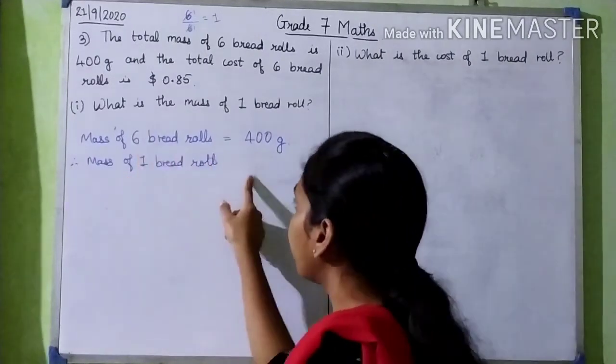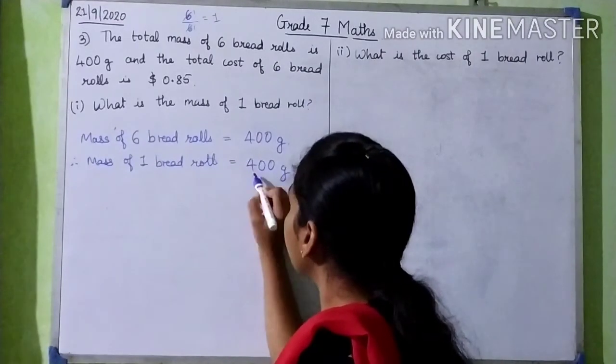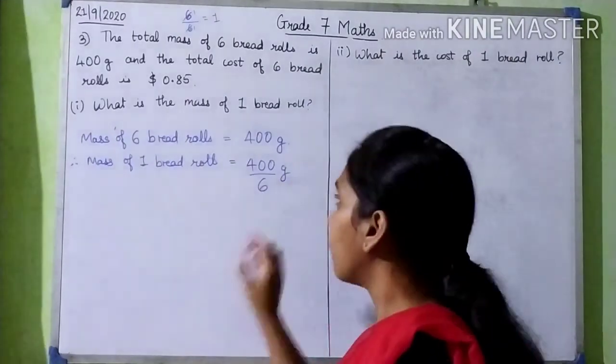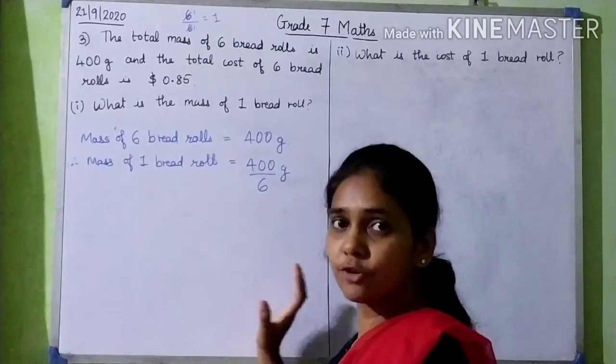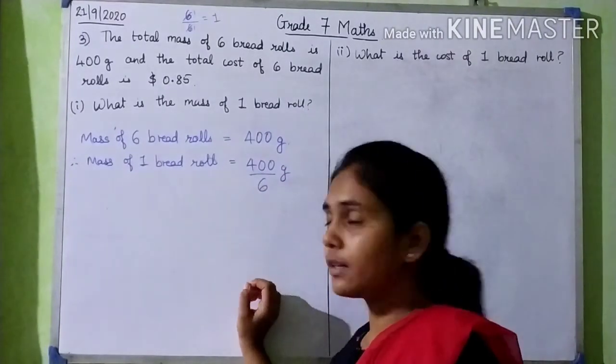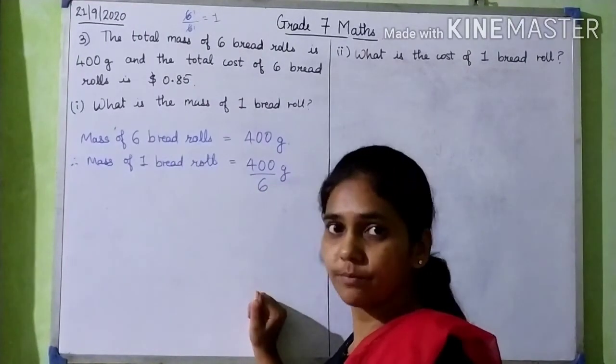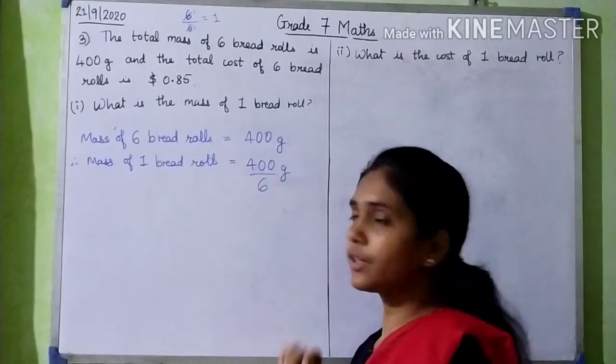So we have to divide this 400 grams by 6. Why? Because for 6 bread rolls, the mass is 400 grams. So what will be for 1? When we divide 400 by 6, we will get the mass of 1 bread roll. So I have to divide 400 by 6.